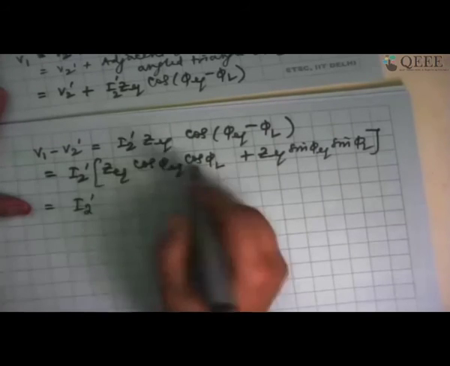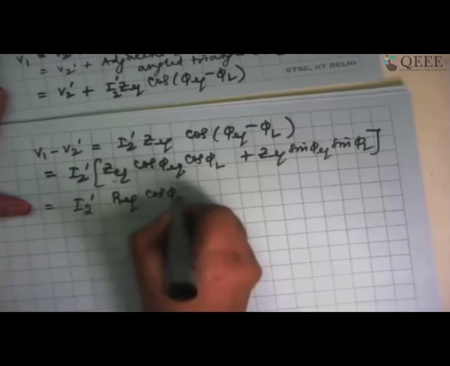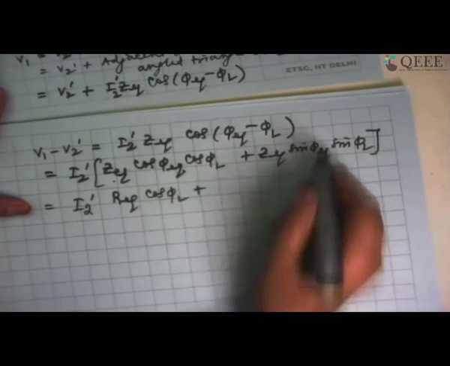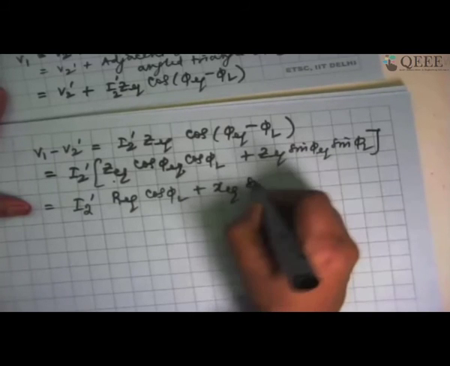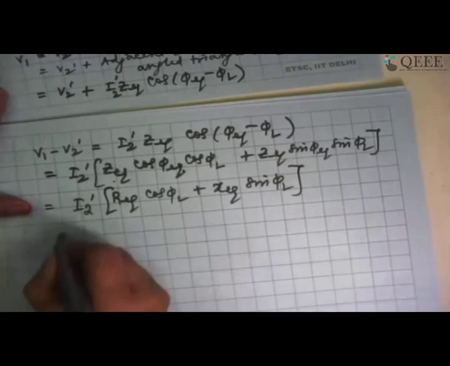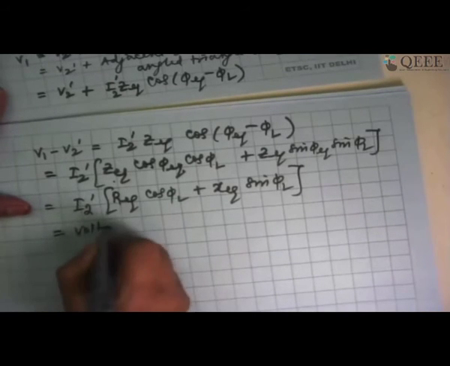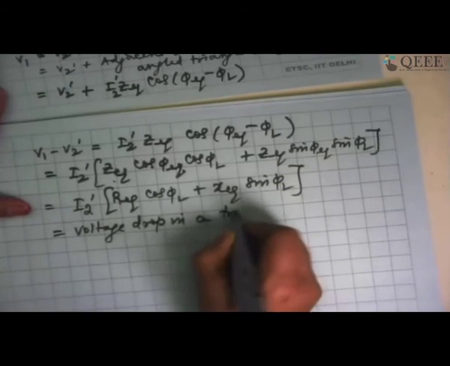I2 dash Z equivalent cos phi equivalent is R equivalent. Cos phi L plus Z equivalent sin phi equivalent is X equivalent. X equivalent sin phi L. So this is the expression for voltage drop in a transformer.